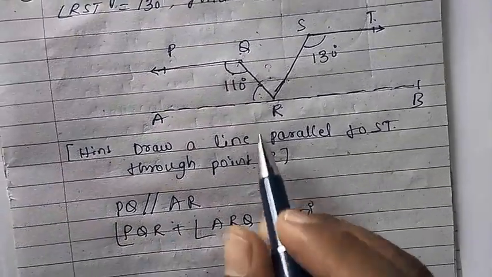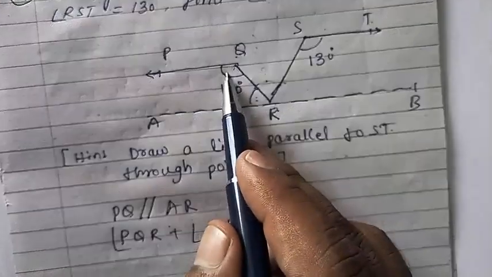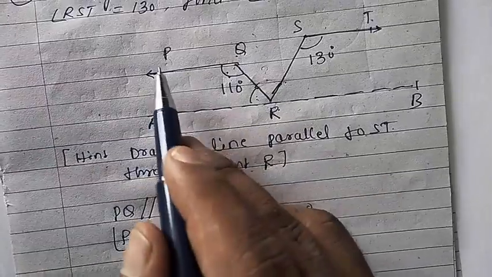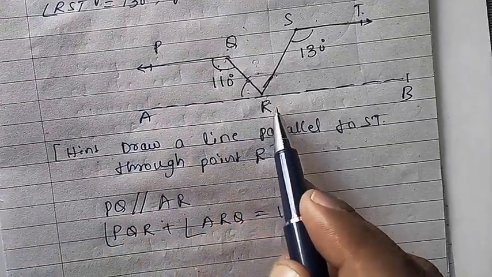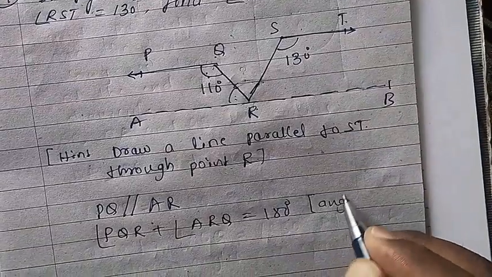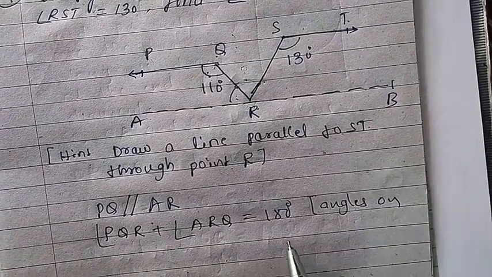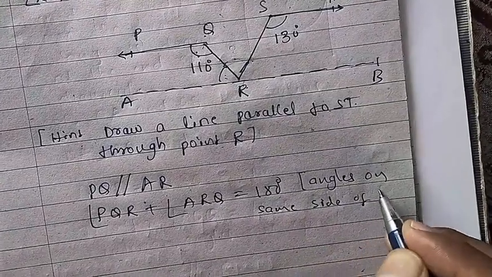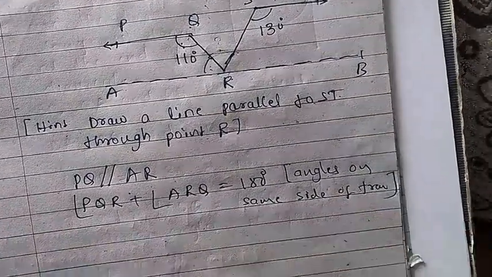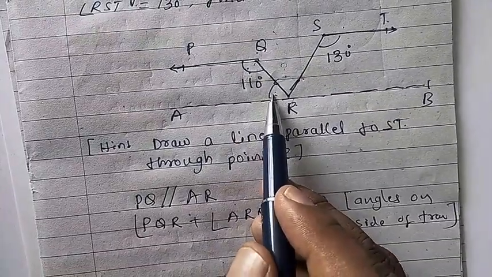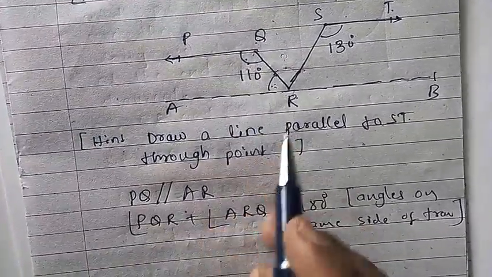Why is this plus this 180 degrees? Because angles on the same side of the transversal. These two lines are parallel, and this is a transversal. Correct? So you have to write here: because angles on the same side of the transversal. Clear? Now this angle you can find, because one angle you know. How much is angle PQR?